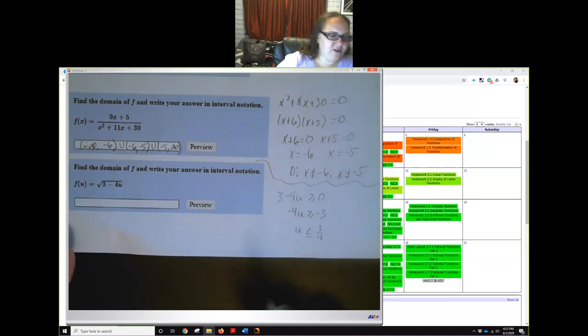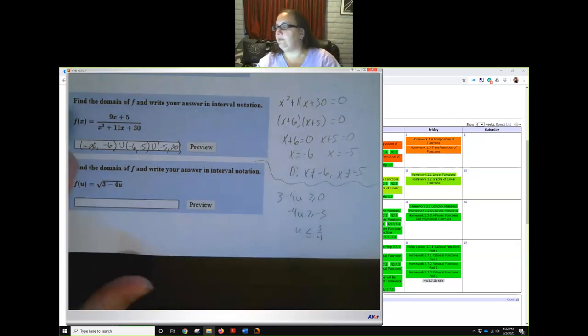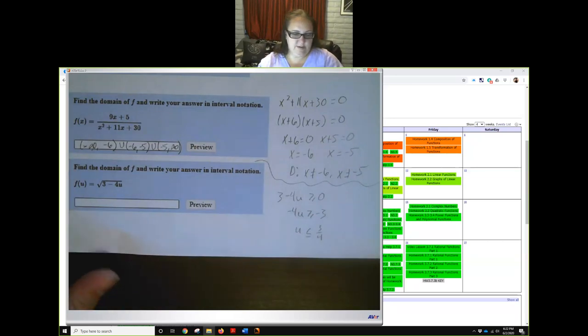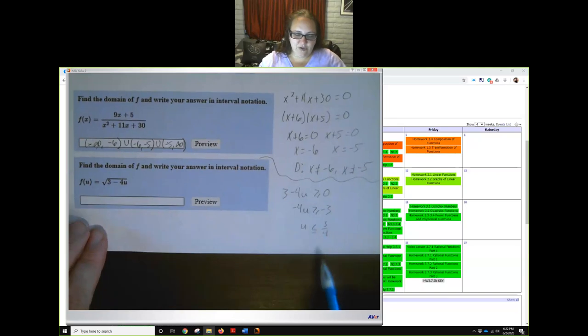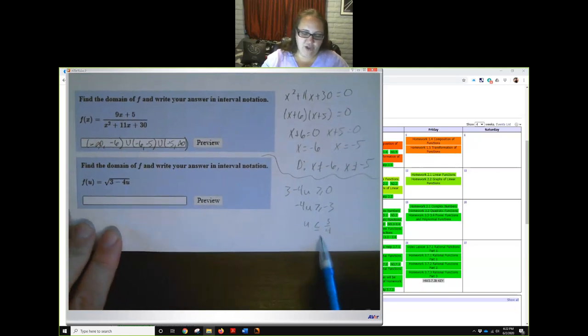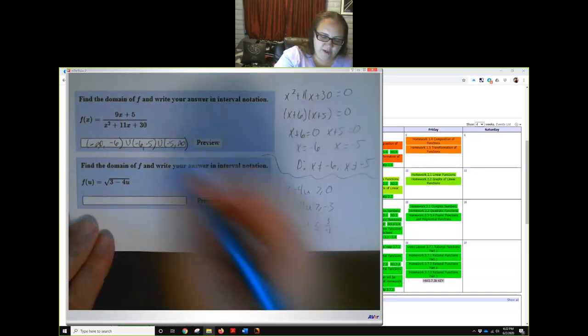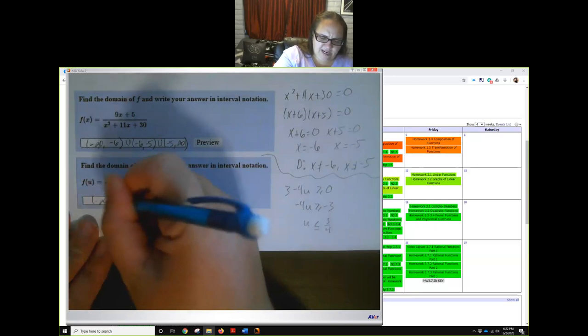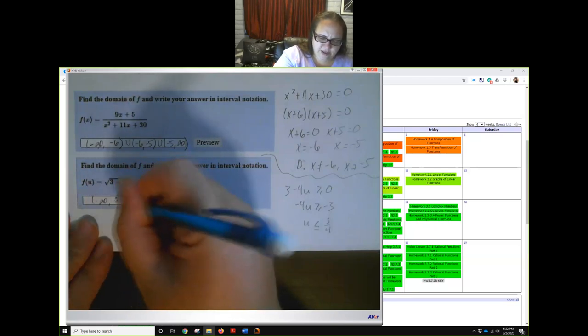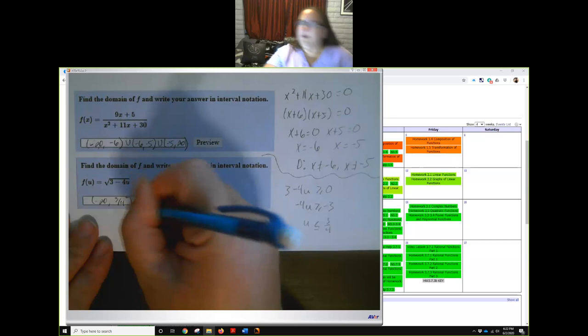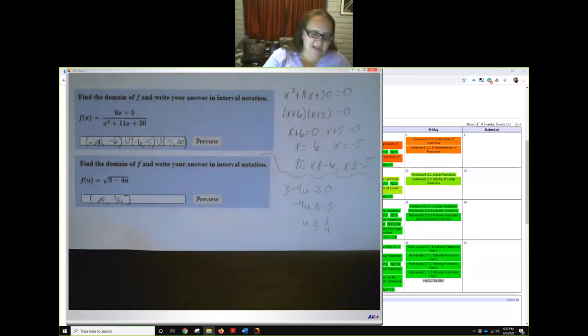Remember, when you multiply or divide by a negative with an inequality, you flip the sign. So then to write this in interval notation, I would say u is less than or equal to 3/4 would be -infinity to 3/4, with a bracket.